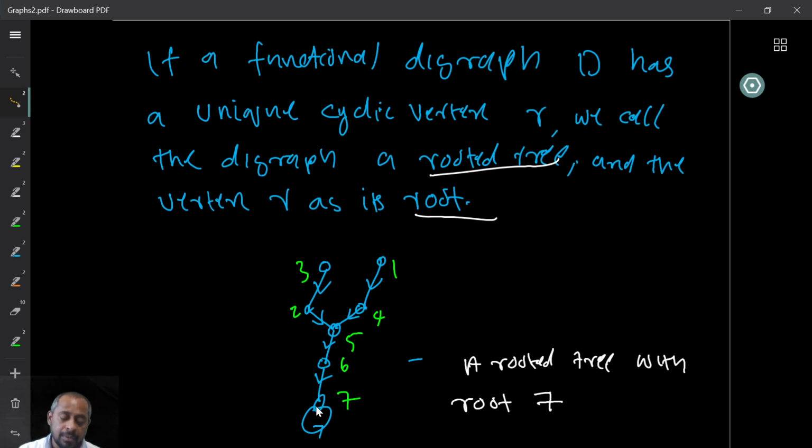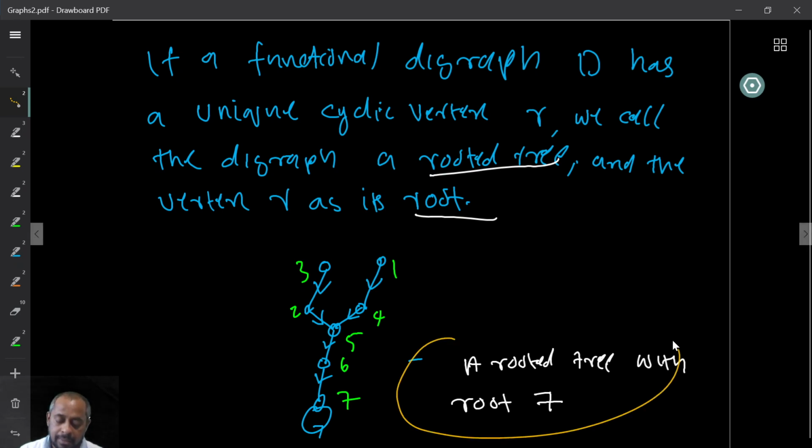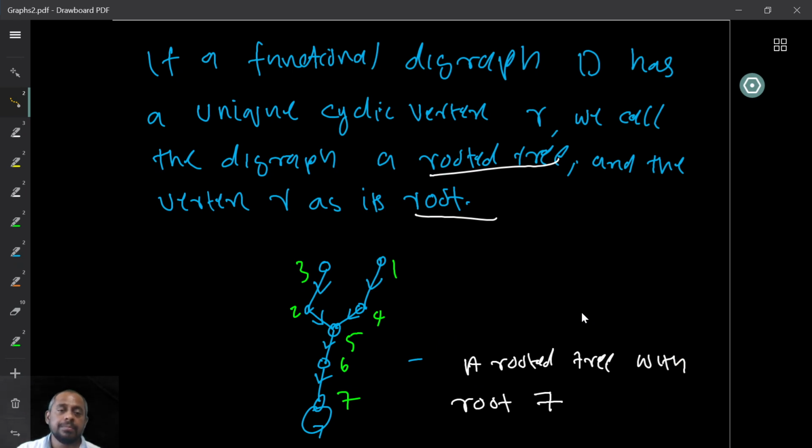And that single vertex where the cycle is present, for example here 7, that vertex R is called the root of the rooted tree. Now, in this example, you have the rooted tree with root 7. You can look at more examples. Draw some examples and see which functional digraphs are rooted trees and things like that. Take some examples, try it out.